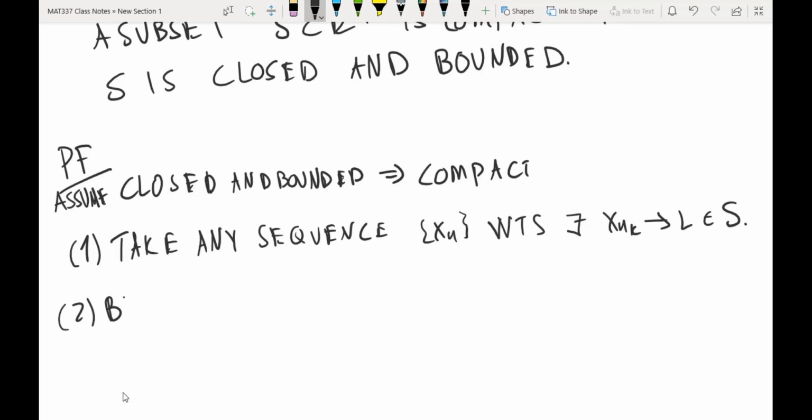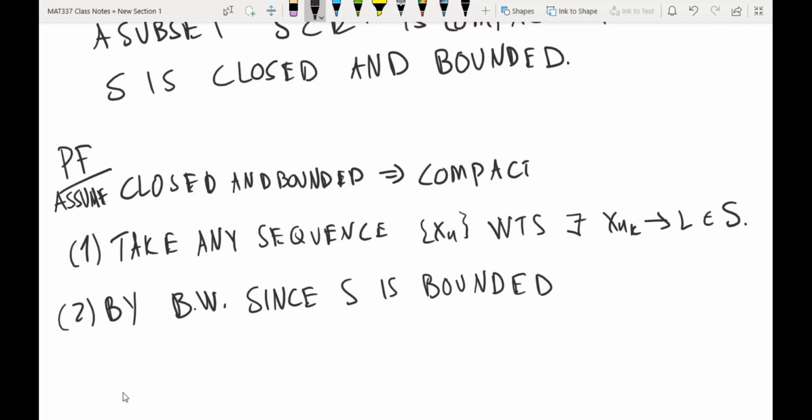Step two, by Bolzano-Weierstrass, since the set is bounded, there exists x_{n_k} going to L in the real numbers.